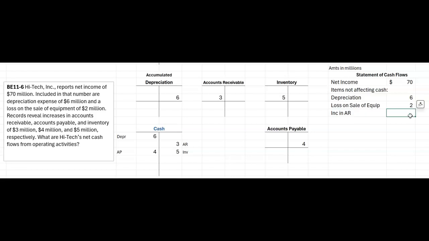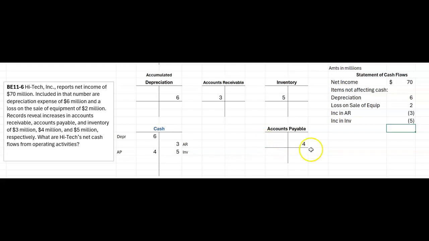So we'd have to reduce our net income by that, so that would be -3. Increase in inventory is also shown as a credit on our cash T account, so that would be -5.